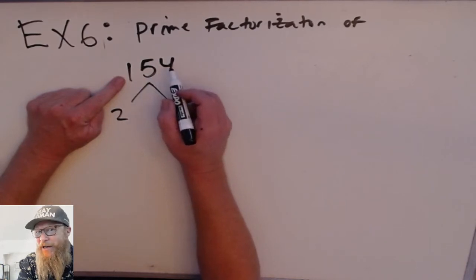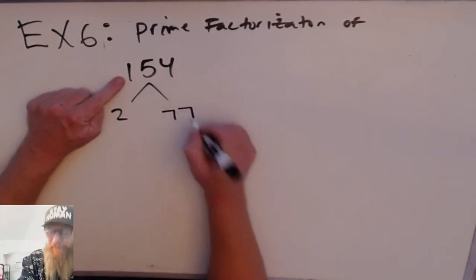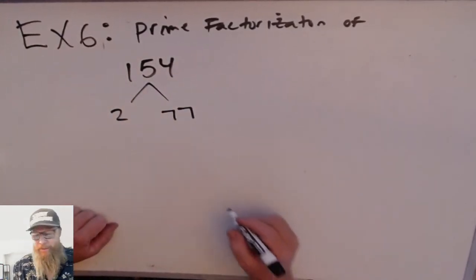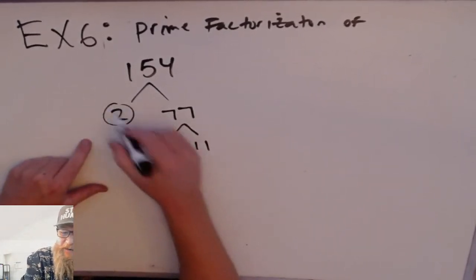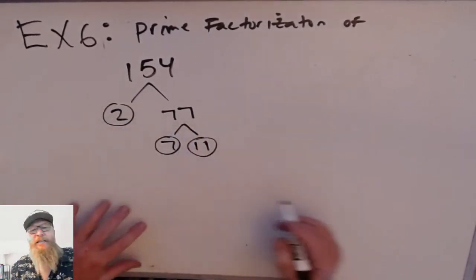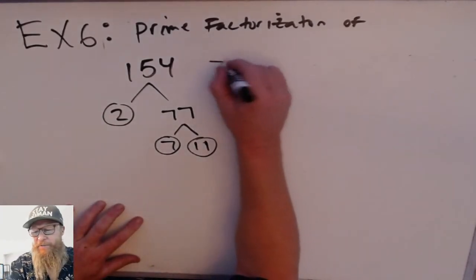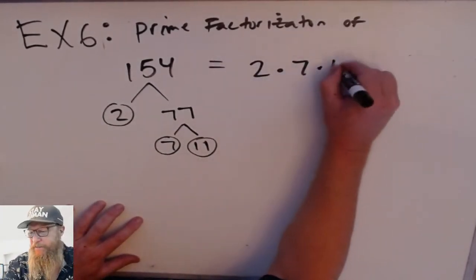And then 4 divided by 2 is 2, so 77. And then 77 is 7 times 11. And this is why I like the tree method, just because it's clean, you know, like that. And so you have 154 is 2 times 7 times 11.